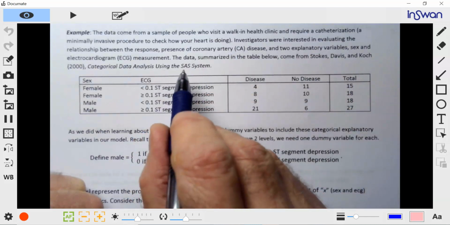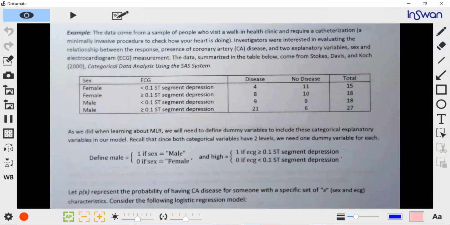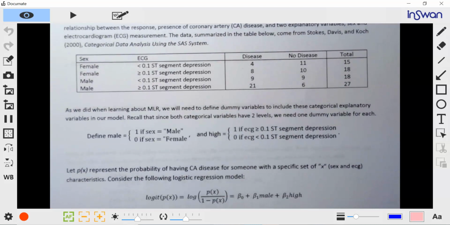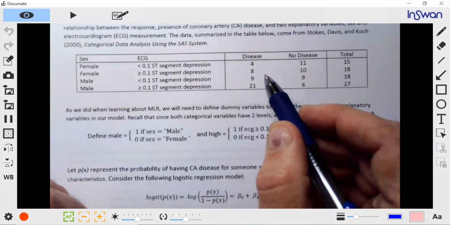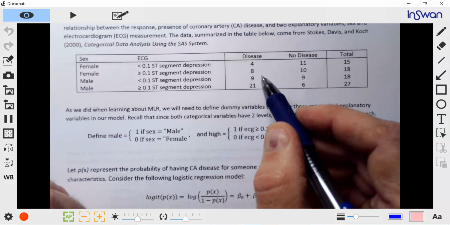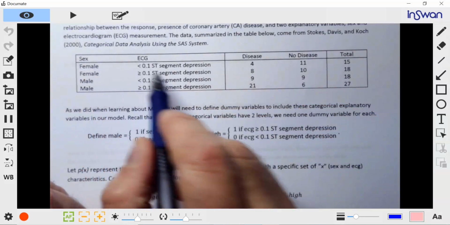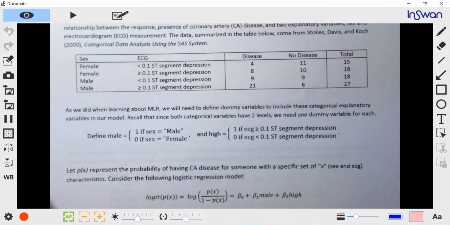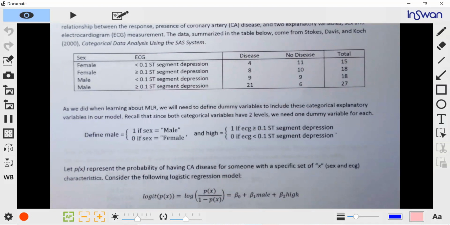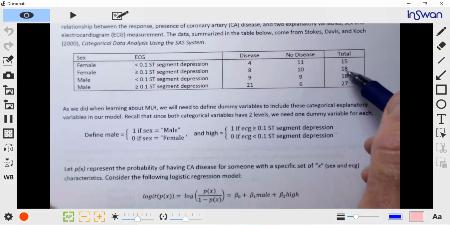And here are the data. The data are in this frequency table, which again you could get in SAS using proc freq. In this case, we have three categorical variables: sex, by ECG, by disease, or by CAD, I think I called it in the data set. So here are our observations.